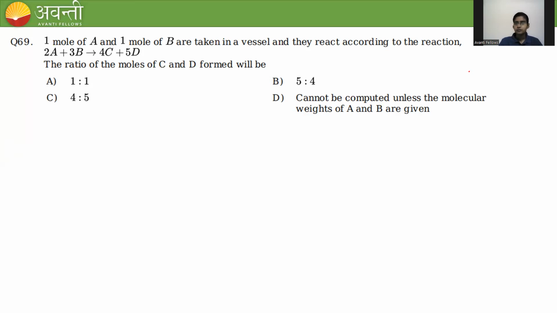So no matter what the initial amounts of A and B are, C and D will always be formed in a 4:5 ratio. Okay, according to the stoichiometric reaction, the ratio of the moles of C and D formed will be 4:5. So no matter what the initial amounts of A and B are, it will be 4:5. So option C will be the correct answer. Got it?